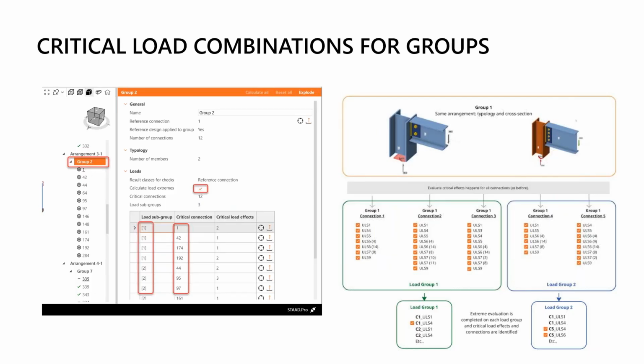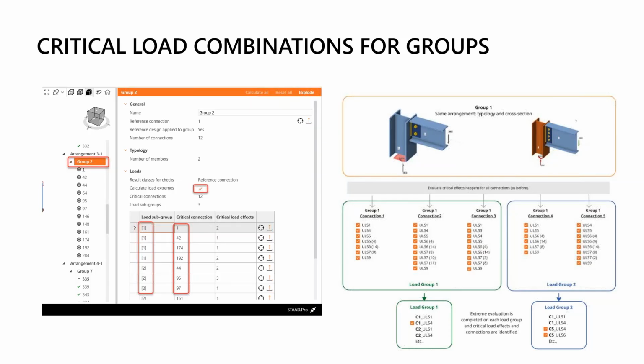In projects with many nodes and load combinations, similar connections with very similar load effects are analyzed repeatedly. To effectively reduce the calculation time, the calculate load extremes algorithm identifies critical load combinations in a defined group of connections, and it speeds up the calculation time by up to 80%.